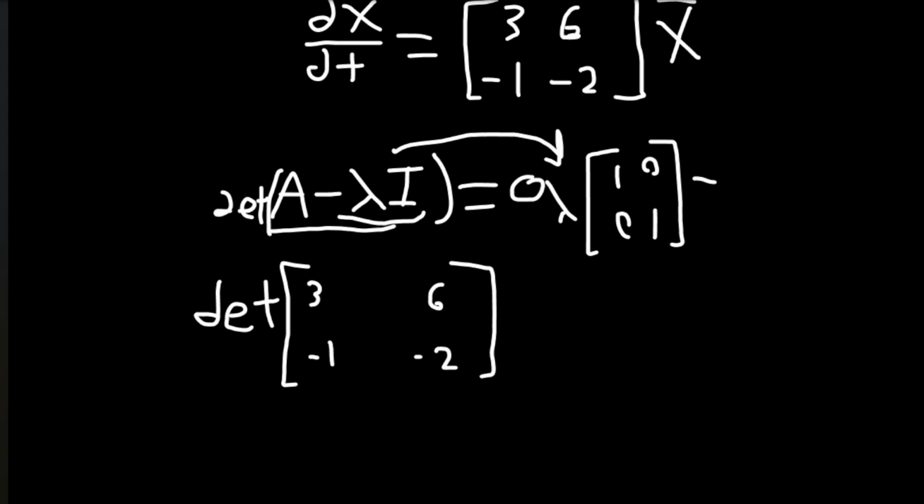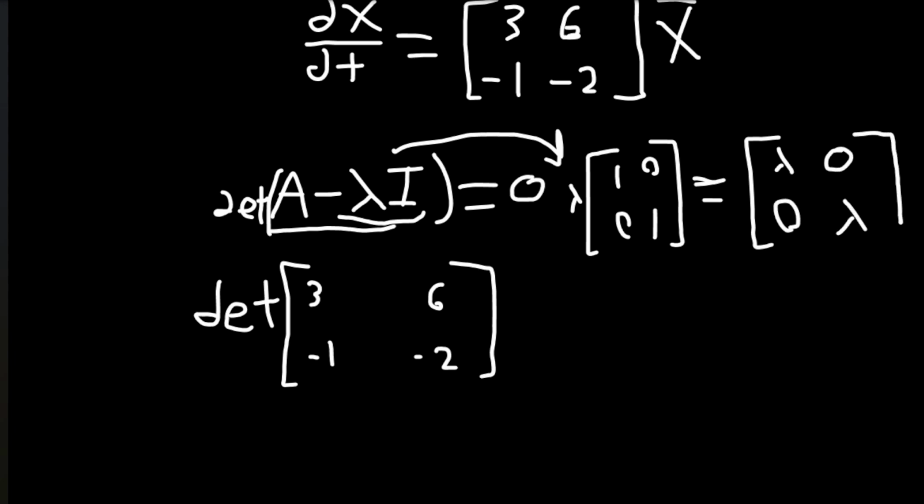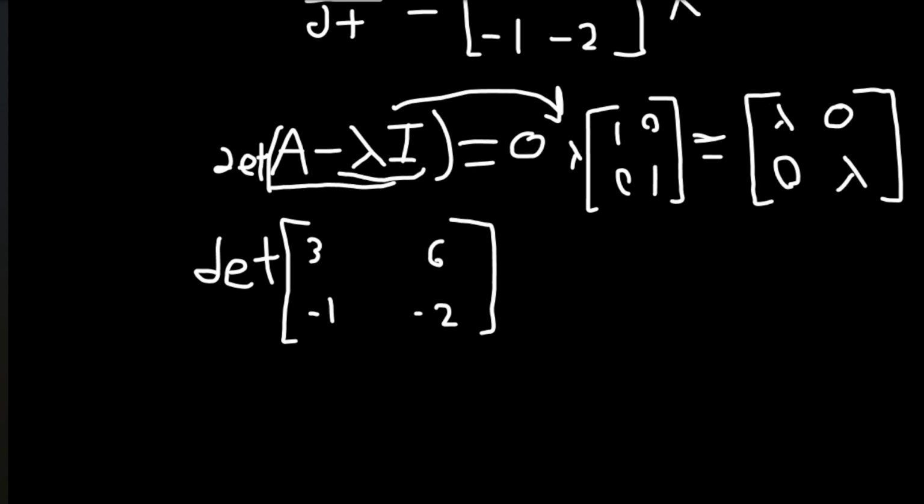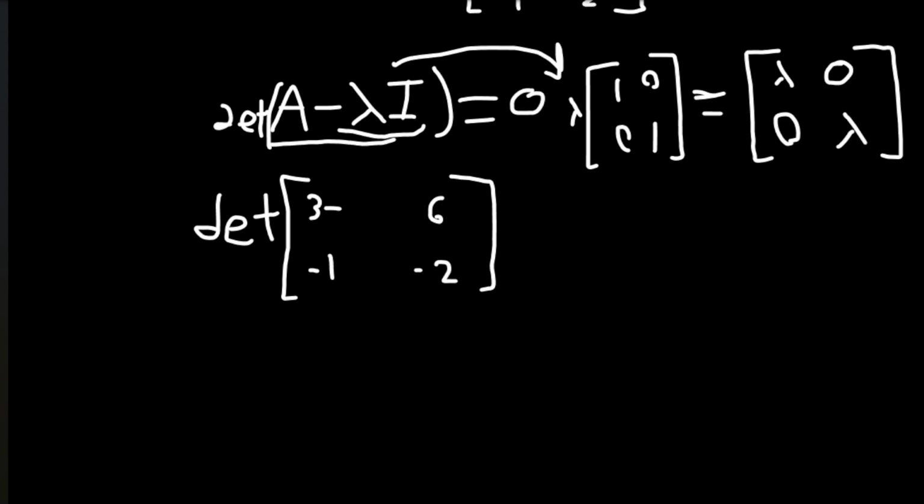Then multiplying the scalar by it, you would end up with lambda, 0, 0, lambda. So then we're just going to subtract lambda here and lambda here. Let me give myself more room.